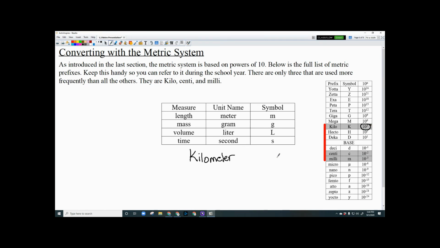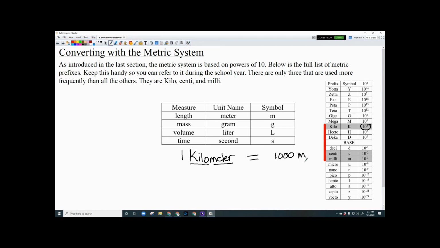So what is 10 to the third? 10 to the third is 1,000. So 1 kilometer is equal to 1,000 meters. So there we have a conversion factor that you can use in any dimensional analysis problem where we have to go from kilometers to meters.